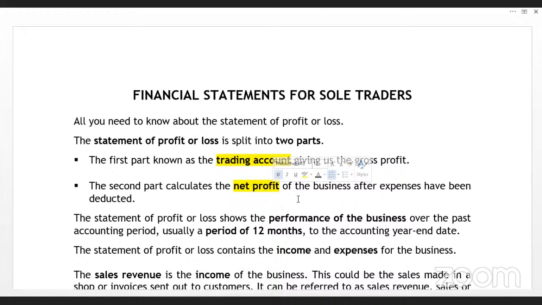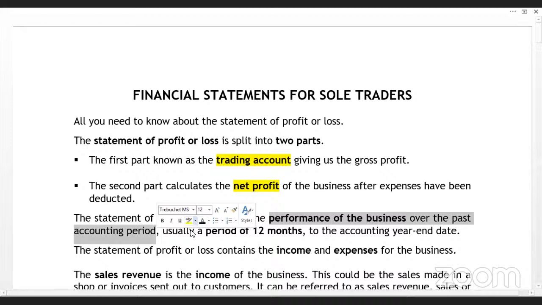Now, the statement of profit or loss shows the performance of the business over the accounting period. I've told you, if you want to assess whether the business is making profits or not, you need to prepare the statement of profit or loss. That statement is going to show you the performance of your business over the accounting period.